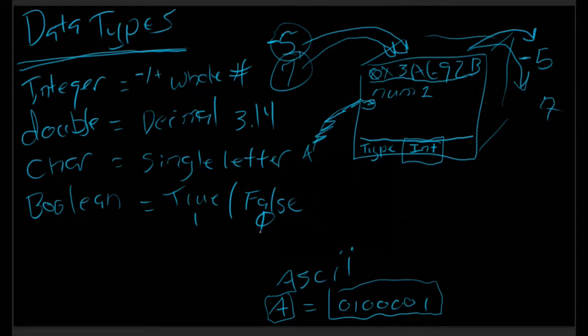So we can either say, is this value set? Yes. Is this value not set? Or if we evaluate something using Boolean logic, which we'll go into later, we can get values saying, okay, if this is true and this is true, then the whole thing's true. If this is false and this is true, the whole thing is false because one of them's false. So these are our basic data types.